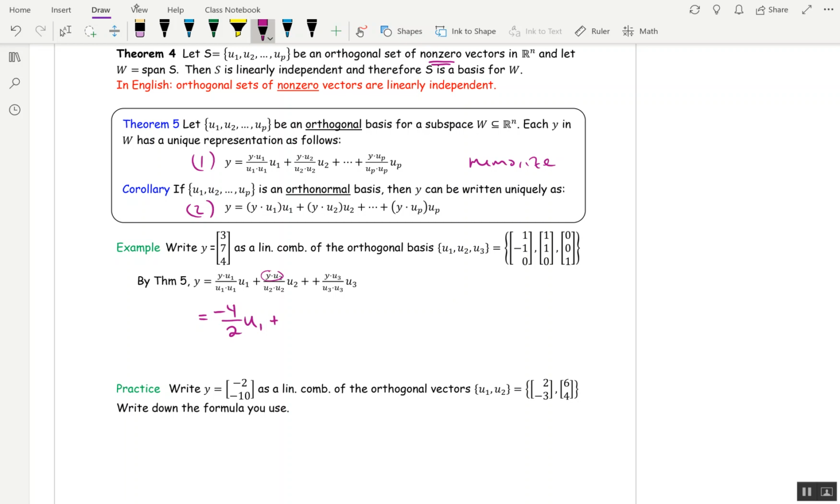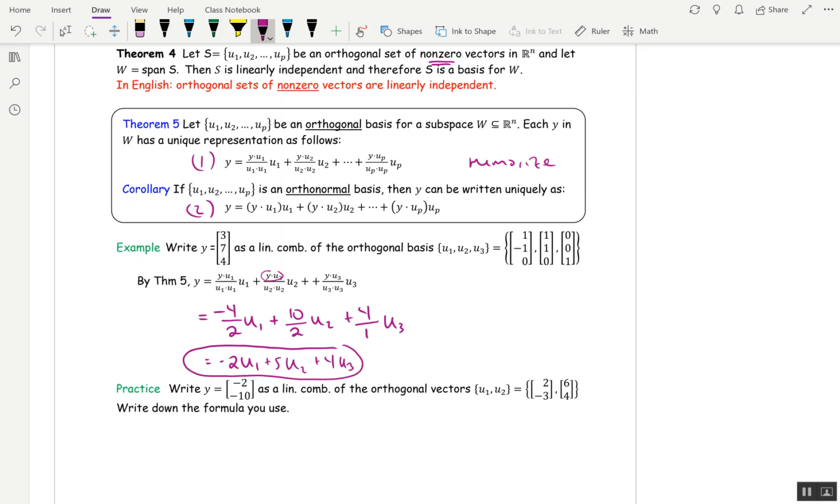So y dot u2 is 10. Divide by u2 dot u2, which is 2, u2. And then finally add on y dot u3, which is 4. Divide by u3 dot u3, which is 1, u3. So that's negative 2 u1 plus 5 u2 plus 4 u3.